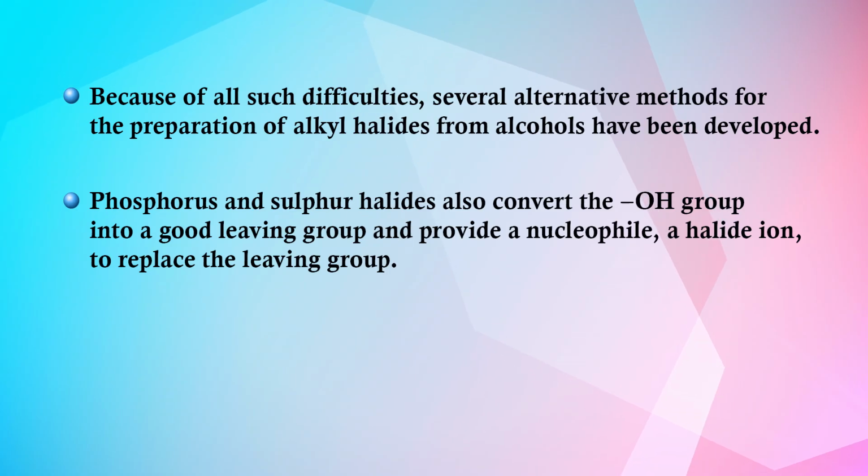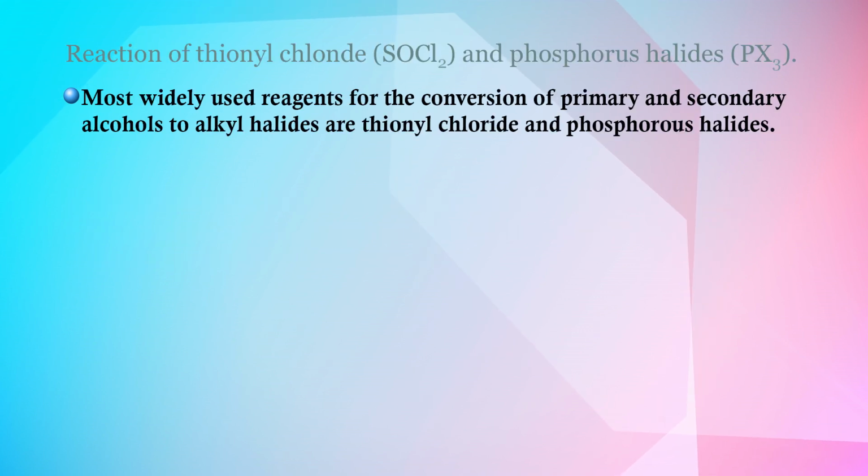They provide a better nucleophile, that is a halide ion, to replace the leaving group. The most widely used reagents for conversion of primary and secondary alcohols to alkyl halides are thionyl chloride and phosphorus halides.